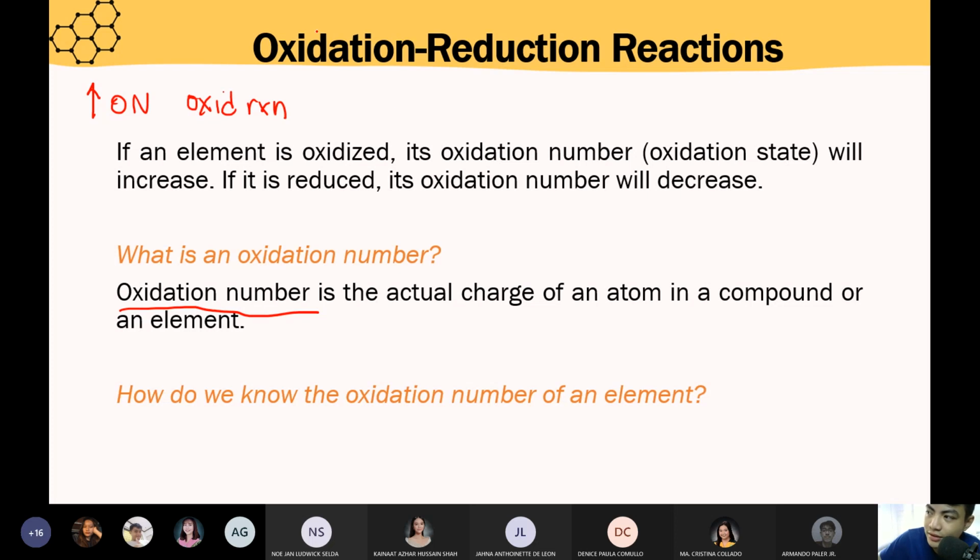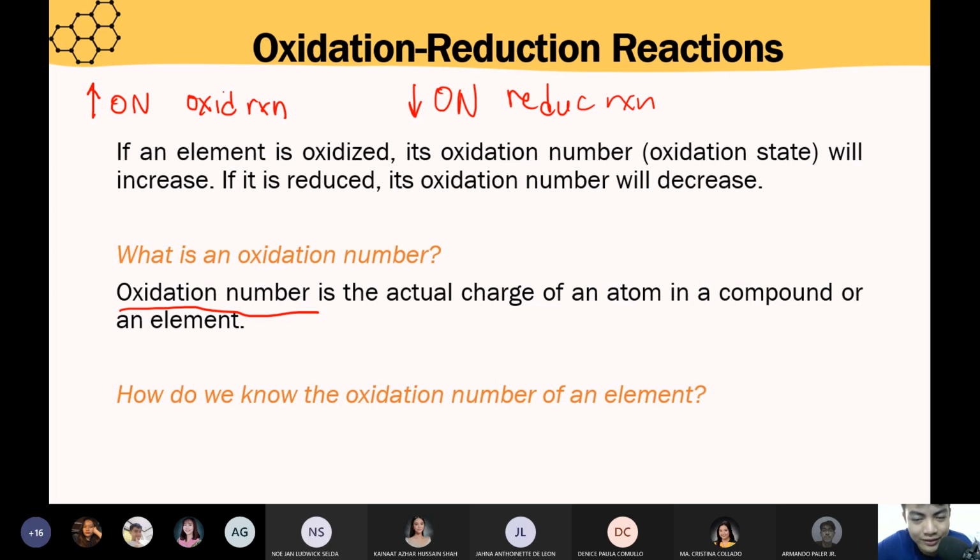While, as I told you, the charge we call oxidation number. Okay? So when the charge or the oxidation number decreases, it means it becomes reduced. Okay? Or reduction reaction. Okay? So that's the idea here. The oxidation number is the charge, okay? Why do we need to use this term?